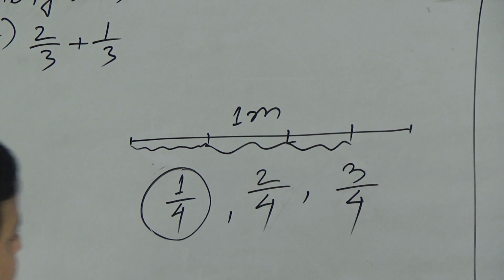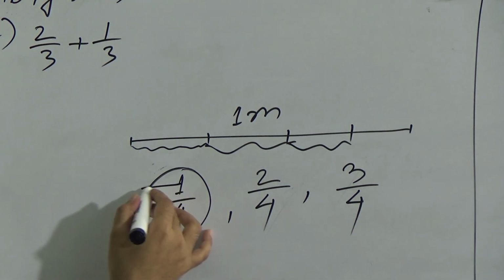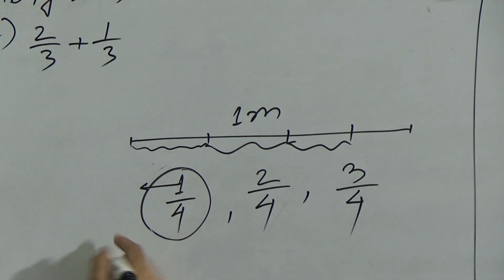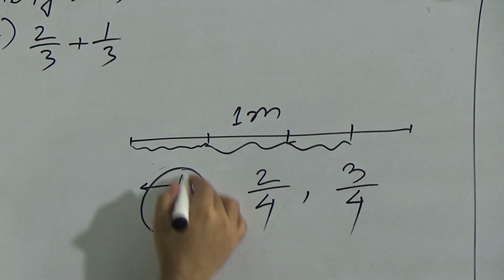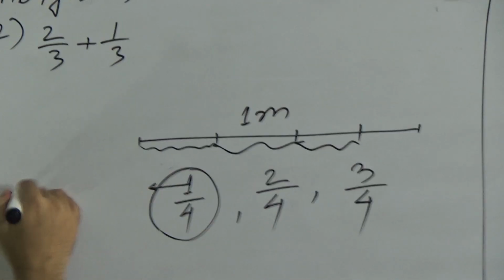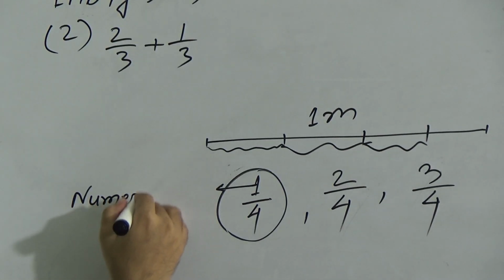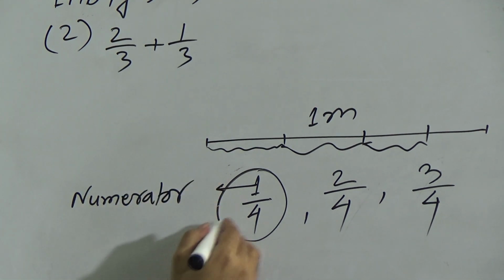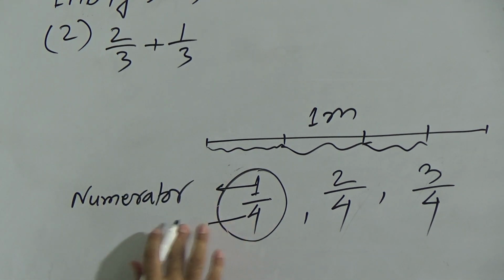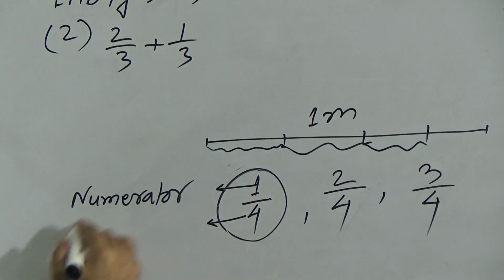Dear students, you have to remember that the number which is written above this line is known as numerator, and the number which is written below the line, that is known as denominator.